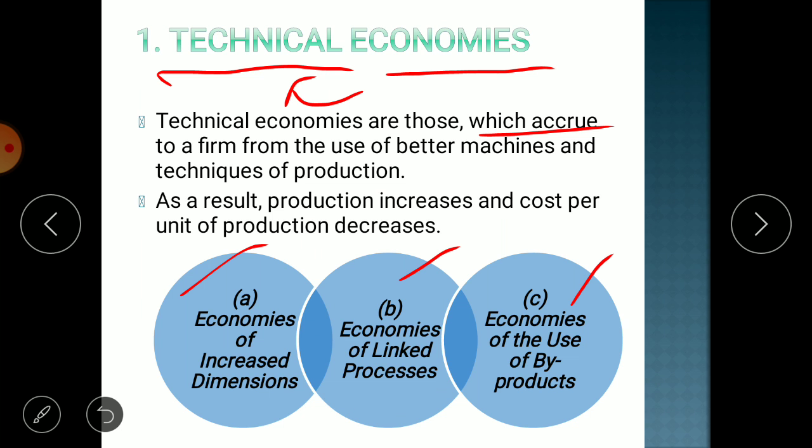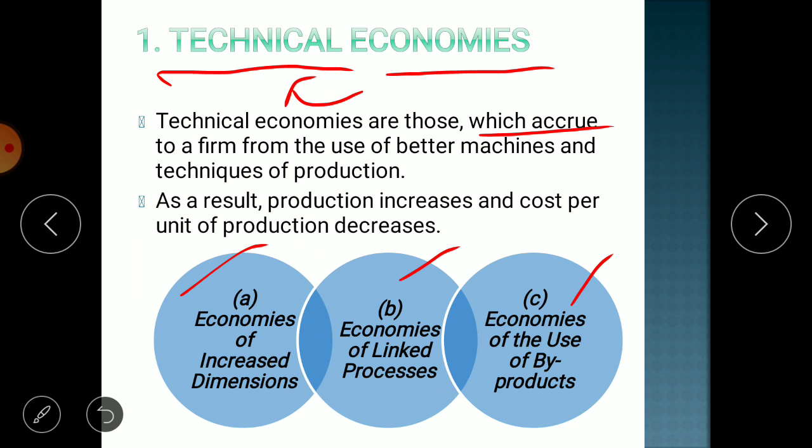We have seen that there are three types of technical economies. First, economies of increased dimension, where we saw the example of the double-decker bus. Then economies of linked processes, meaning two processes should be situated near each other so that time and transportation cost can be saved, where we saw the example of printing and editing of a newspaper.